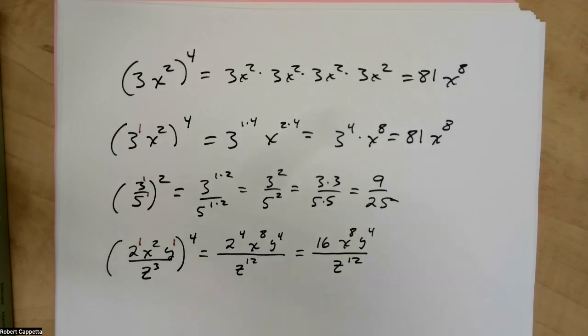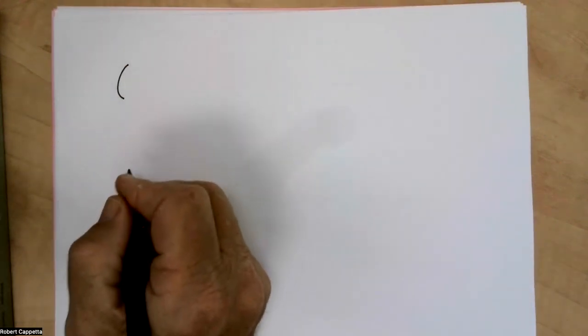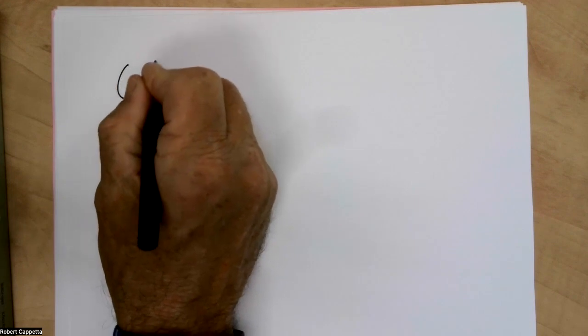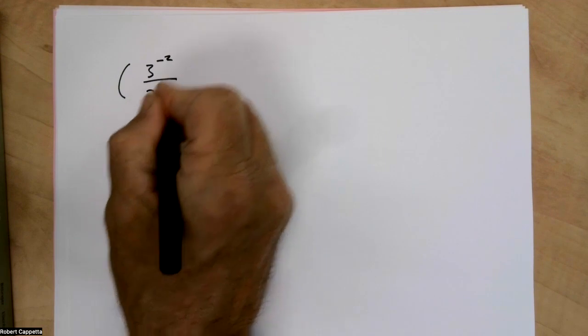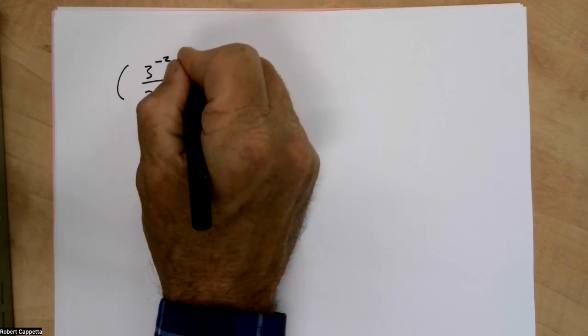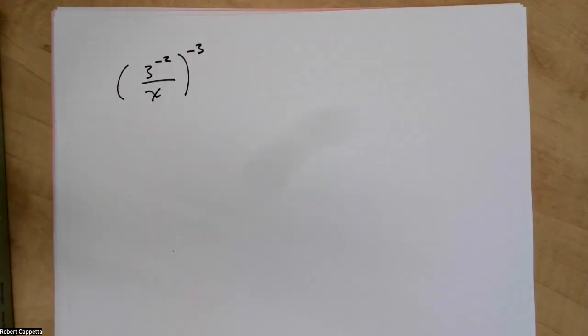But we can also play games with negative exponents. So what happens with those? What if I have something like this? What if I have 3 to the negative 2nd over x, all raised to the negative 3 power?